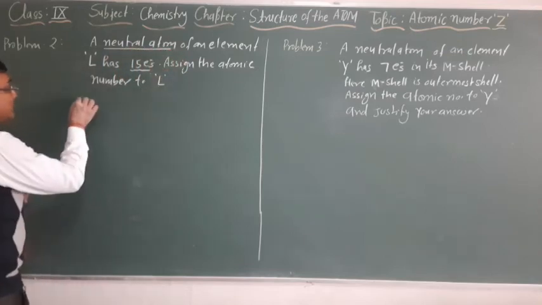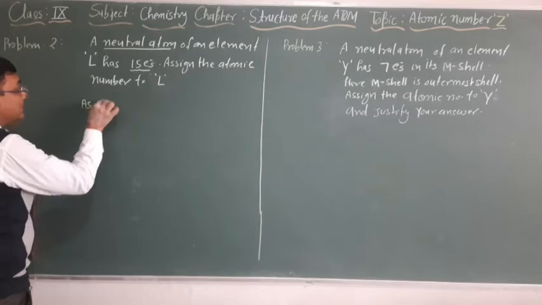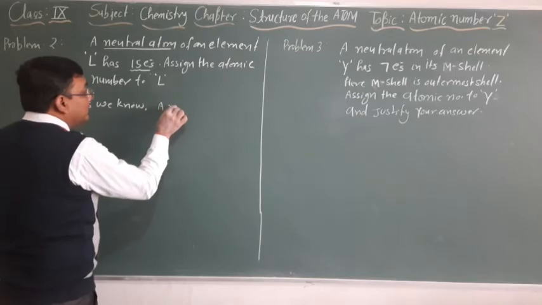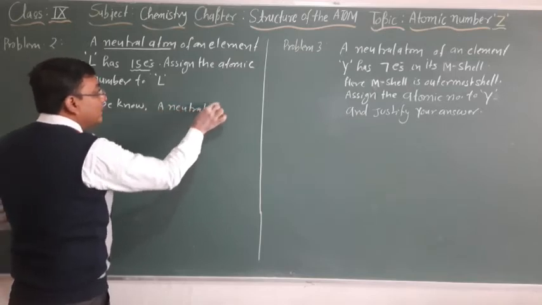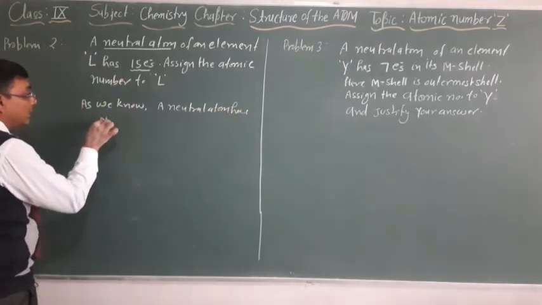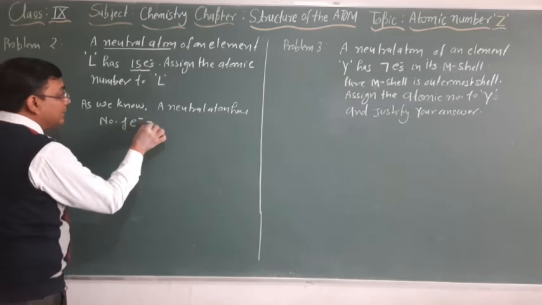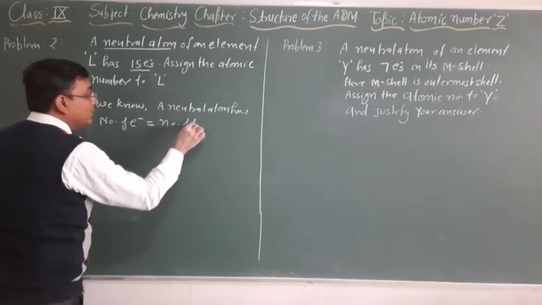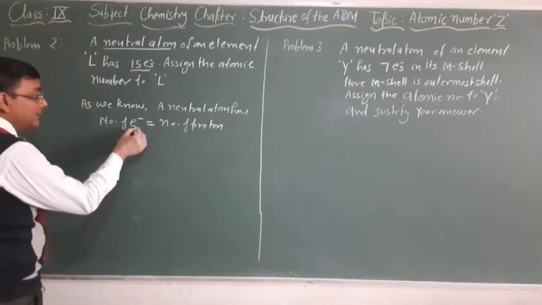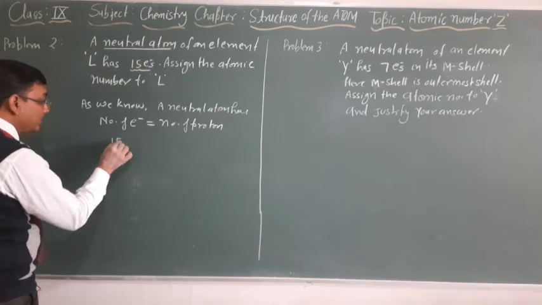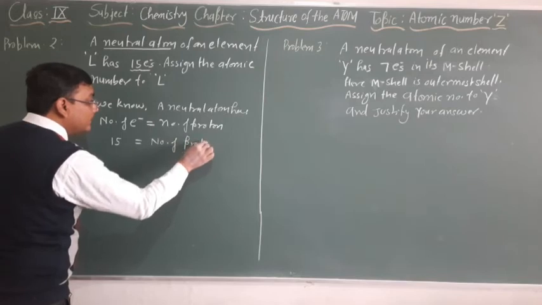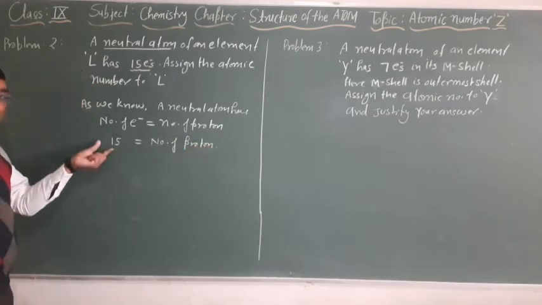As we know, a neutral atom has number of electrons equal to number of protons. So the number of electrons is 15, so the number of protons is 15.